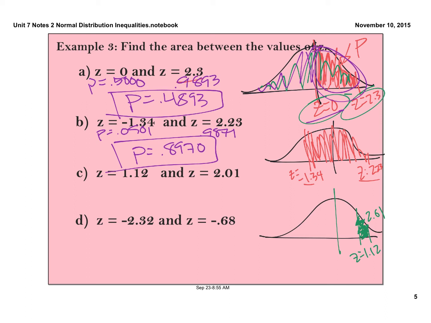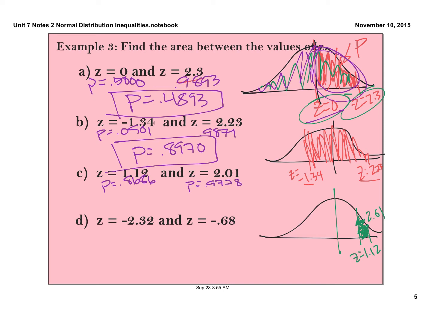So if I look up 1.12, go to your table, find 1.12, I get P equaling 0.8686, and then I do the same for 2.01, 0.9778.